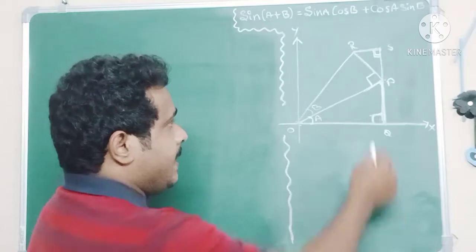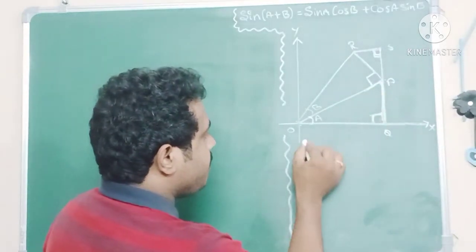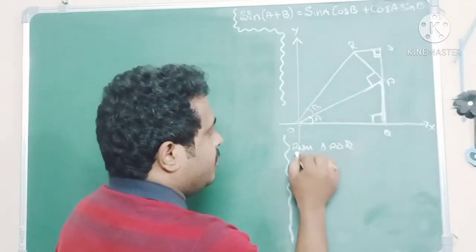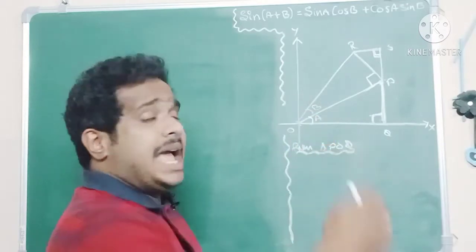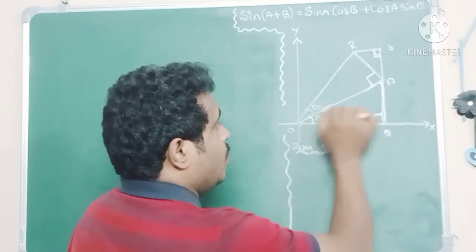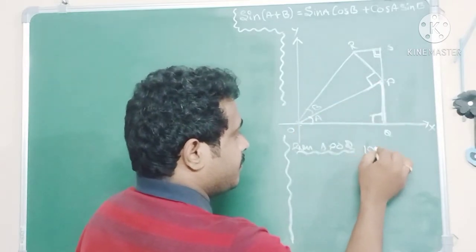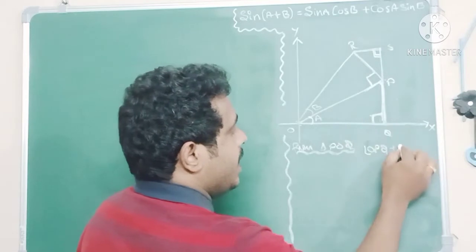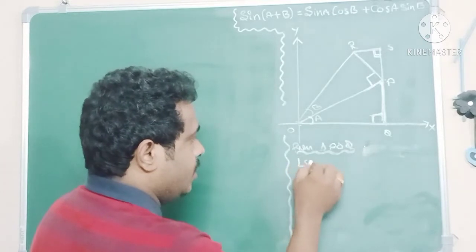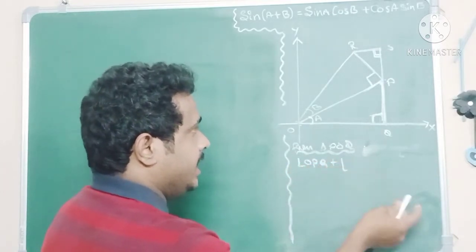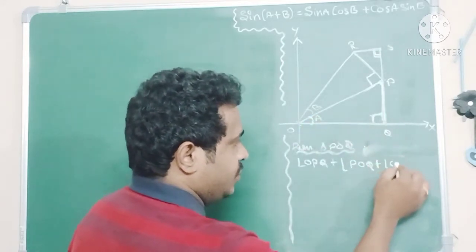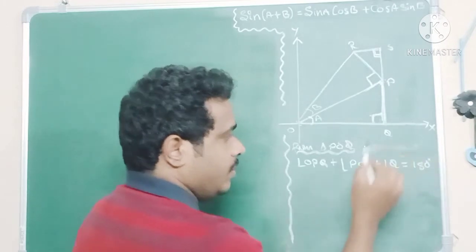Let us see how. From triangle POQ, what we know? The sum of the three angles of a triangle is 180 degrees. That is angle OPQ plus angle POQ plus angle Q equals 180.